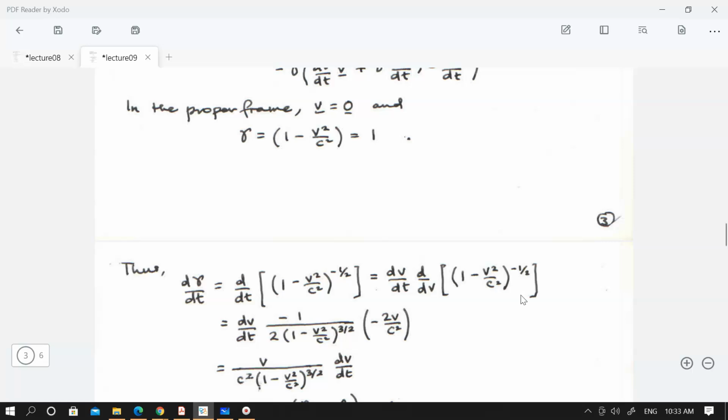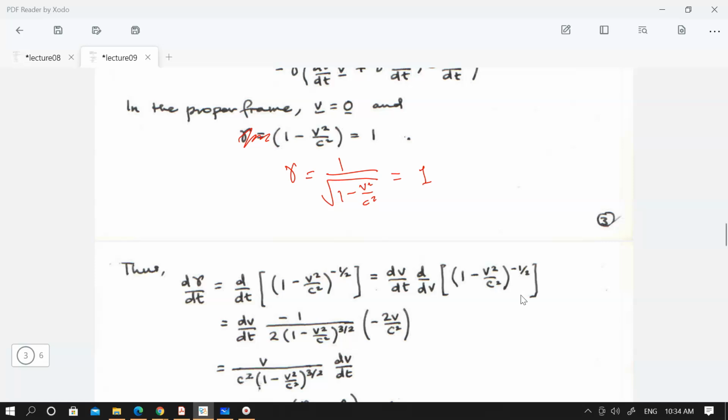I should be doing this. Maybe this 1 minus v squared on c squared equals 1. So gamma would be 1 on the square root of 1 minus v squared on c squared, and that still equals 1. I should be careful with that. So this is actually wrong.